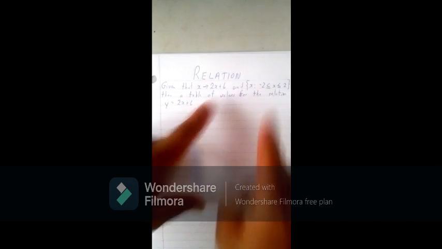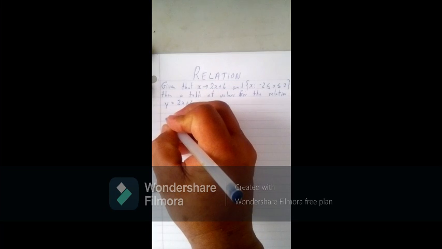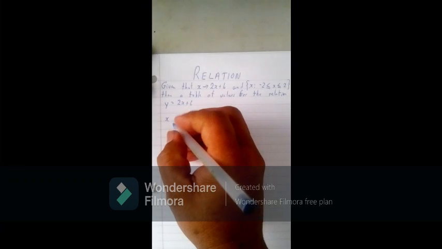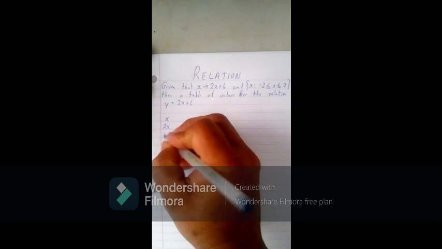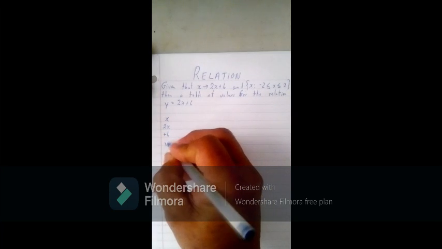So therefore I'm going to make my table. And when I make this table, let me put the values that we will be working with. Once you have set your table range, you are not to exceed those values. So I'm going to put here x, 2x plus 6 as it states, and then the value of y.